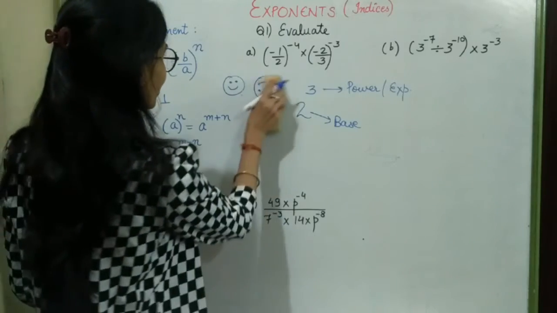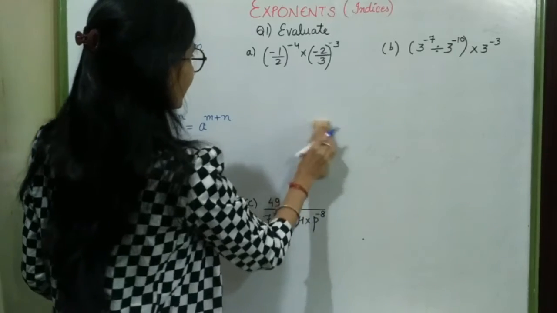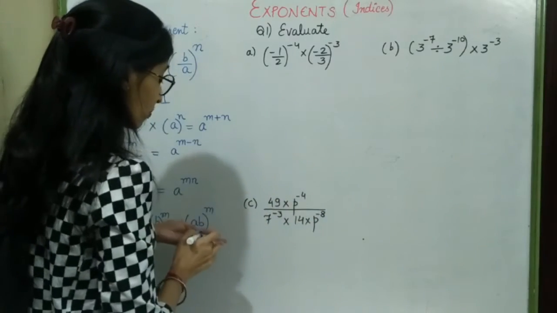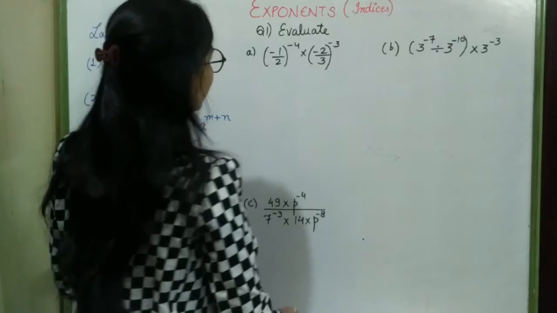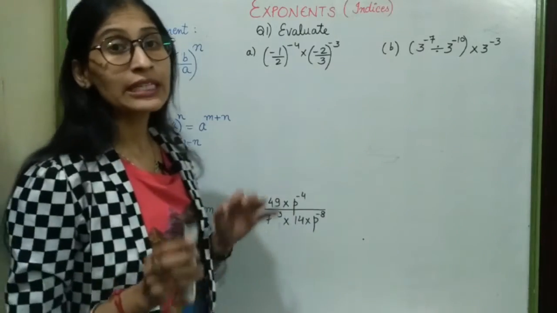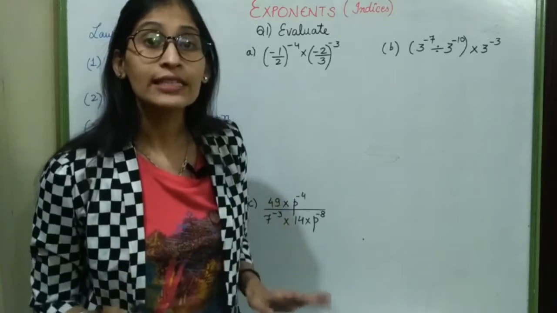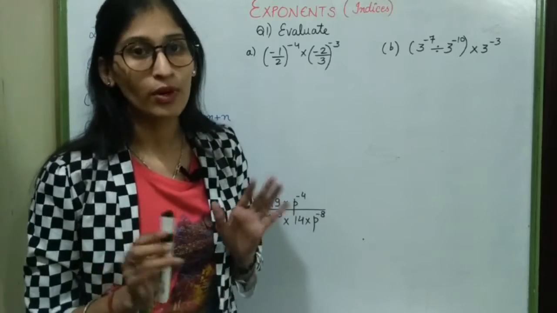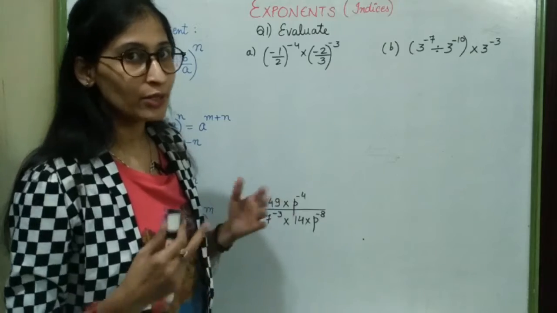So my first question here is minus 1 upon 2 raised to power minus 4 into minus 2 by 3 raised to power minus 3. Now the key rule to solve the questions on exponents is to always change all the powers into positive. Powers are negative here, so I am going to change them into positive.